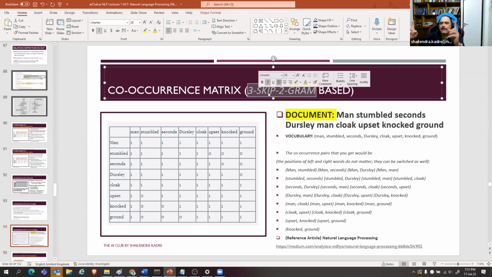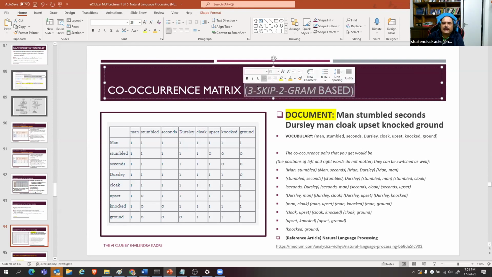Gram means the pair, the co-occurrence pair, and we consider only 2. These numbers can vary, so it can be 3 skip 3 gram, 3 skip 4 gram, and it can become complicated. But you don't have to worry, all these calculations are done by your algorithms or computers. If you understand this one concept, that is enough.